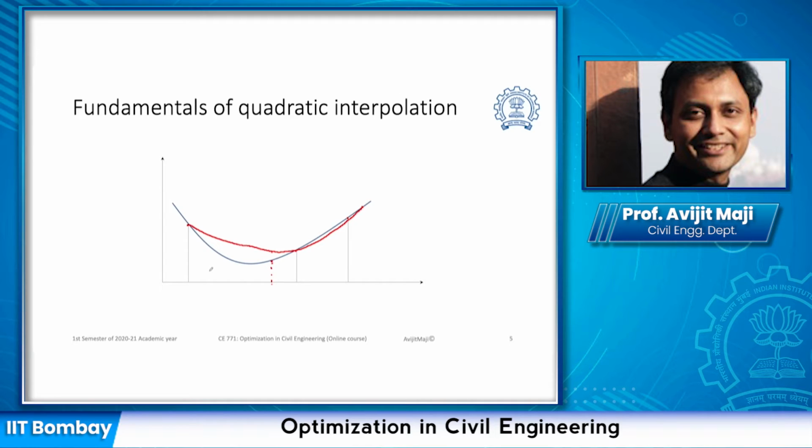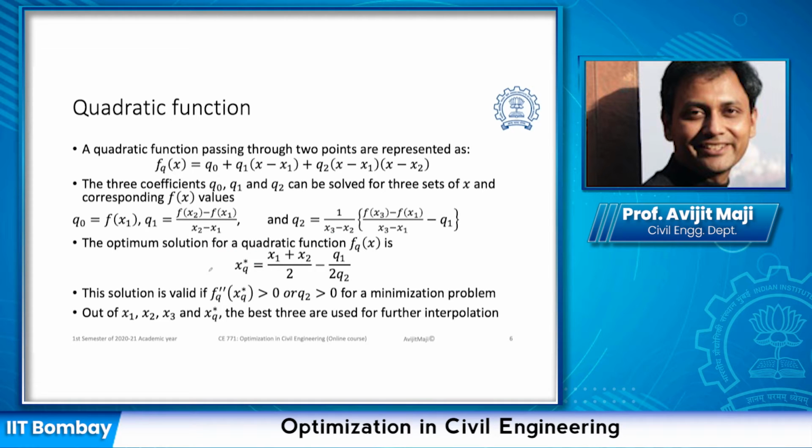So let's look into the quadratic function. A general quadratic function can be represented by an equation format like this, where we have 3 coefficients, q0, q1 and q2. If we want to solve this quadratic function to obtain the 3 coefficients, we can do that by finding the function values at three different locations.